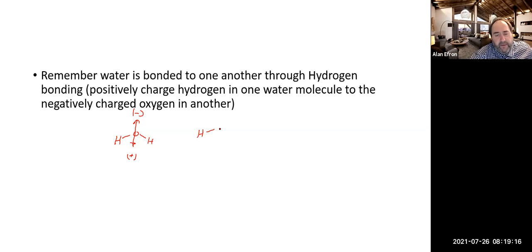So when we get those waters together, the hydrogen from one bonds to the oxygen of another, as that is more negative. And we're able to do that hydrogen bonding because of the oxygen attached to the hydrogen, making this bond a really polar bond, based on electronegativity difference.